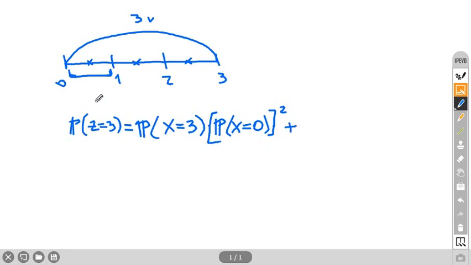I can have the following situations: 2 views here, 1 view here, and 0 views here. In that case, I will have 3 views during those 3 hours. So this is the probability that X is equal to 2, then 1 view during the next hour, then 0 views for the next hour.